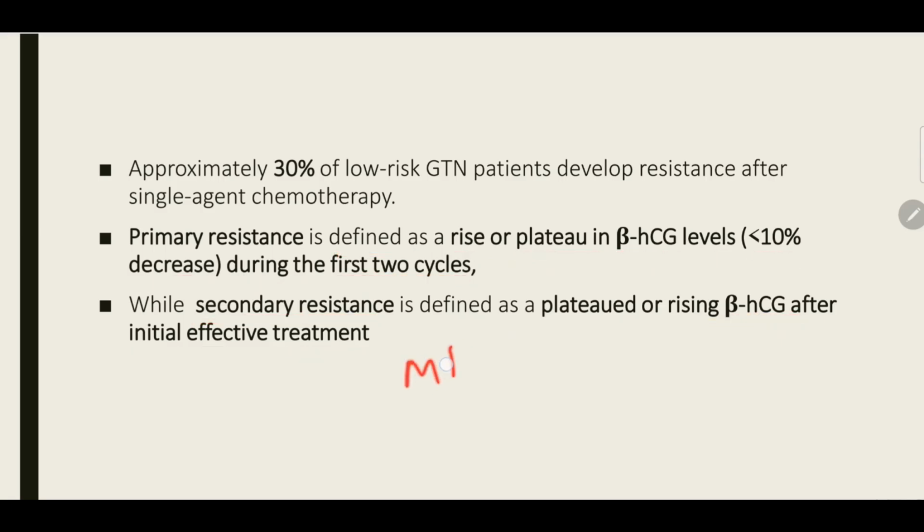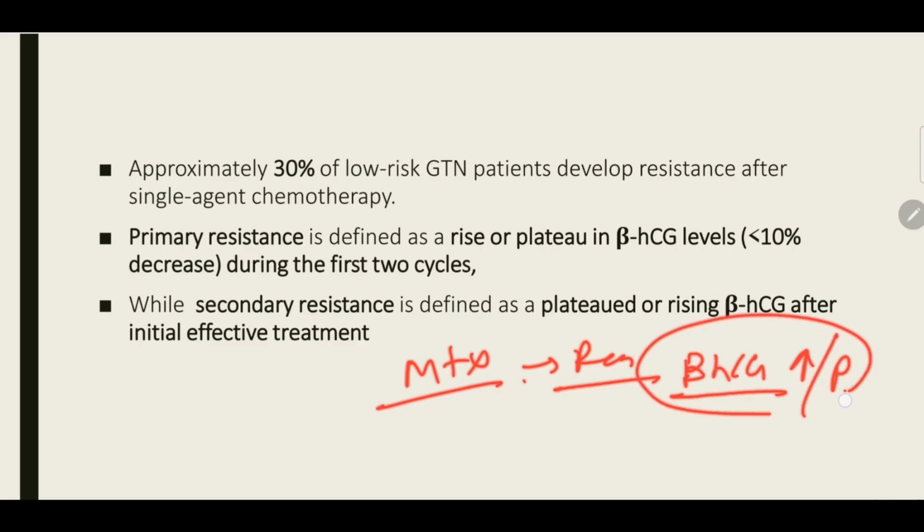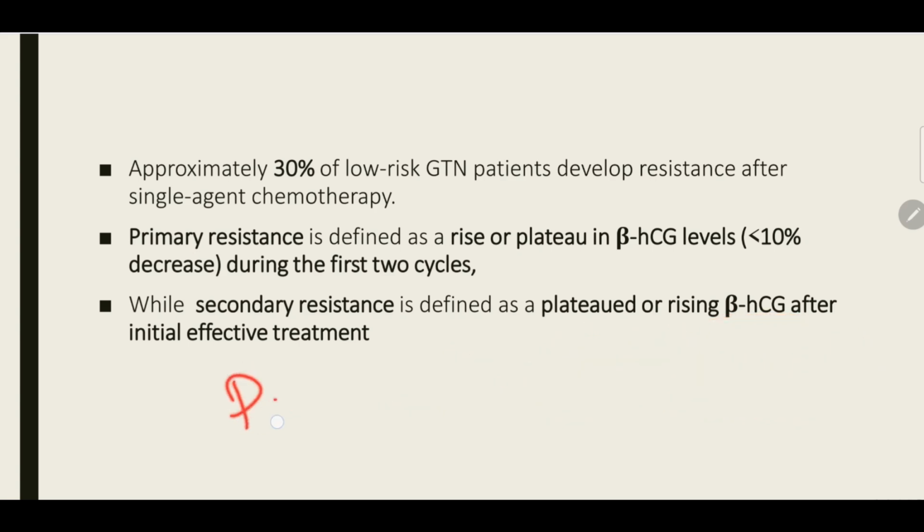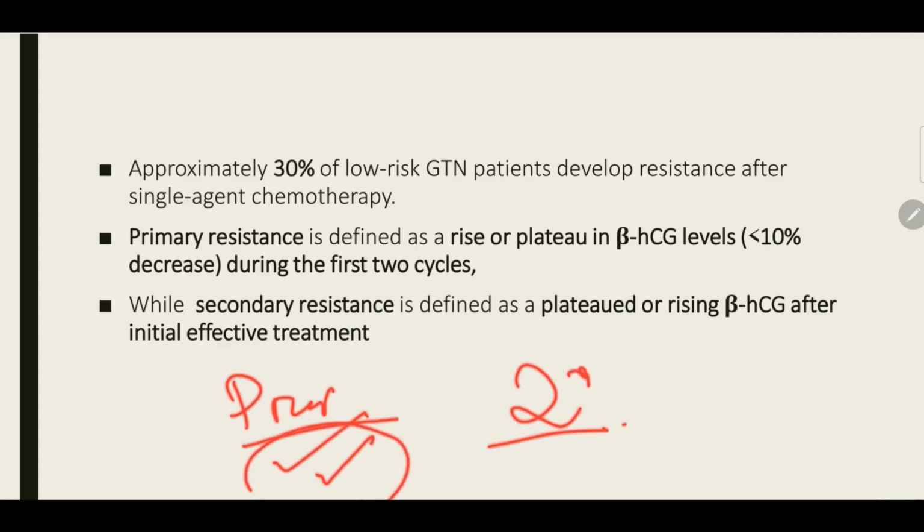So you gave methotrexate, it became resistant, that is beta hCG value rises or plateaus, then we diagnose it as resistance. So how to know whether it is primary resistance or secondary resistance? If the rise or plateau occurs during the first two cycles, then it is primary resistance.